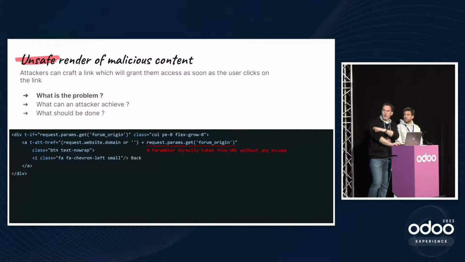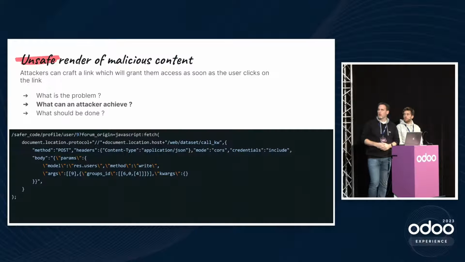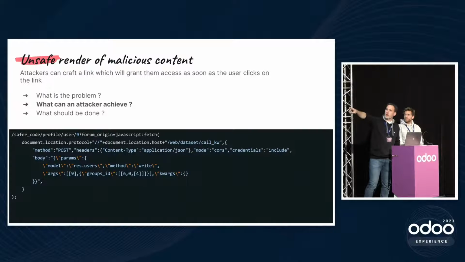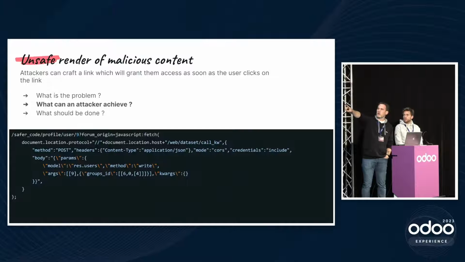So what happens? This is the part that is vulnerable here, that is underlined. If the attacker tries to use this URL, if you look at it at the top, instead of a normal forum origin with a URL or a path, we get instead a JavaScript prefix, colon, and then some JavaScript code.